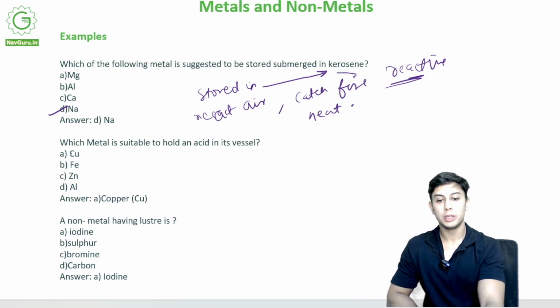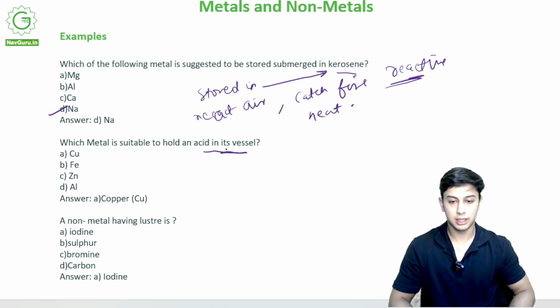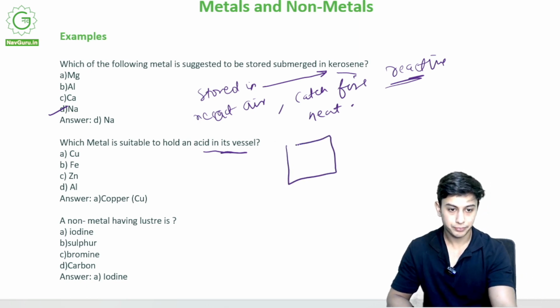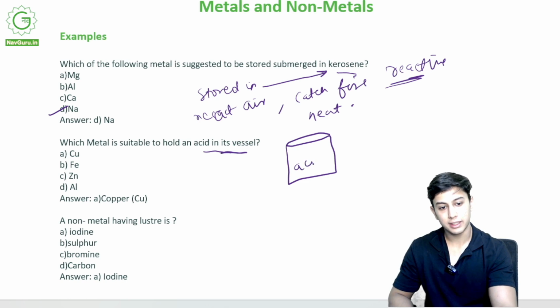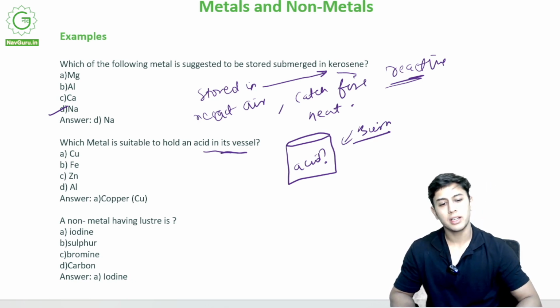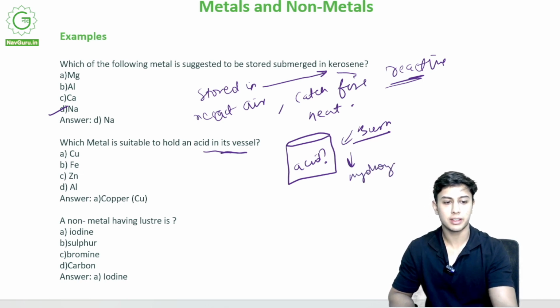Which metal is suitable to hold an acid in its vessel? Now we all know that metals react with acids. So if I have a metal container, how will I store acid in it? It will burn. But not all metals. What if the metal ranks below hydrogen on the reactivity table?